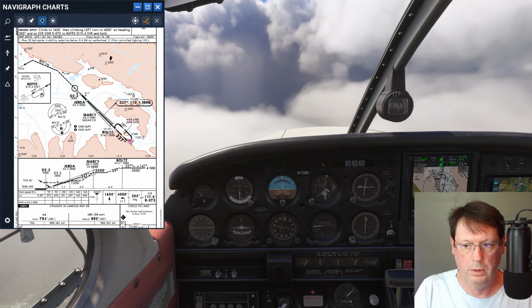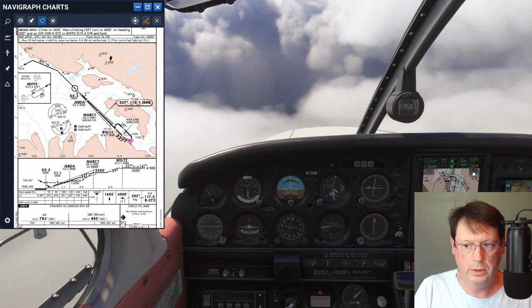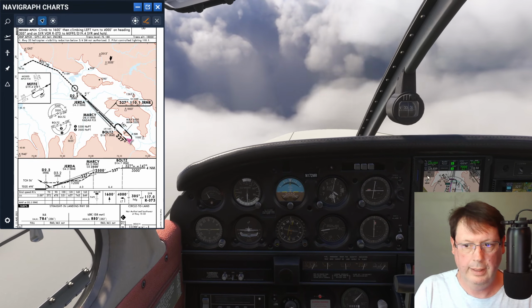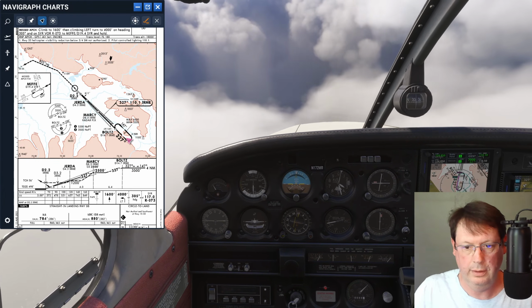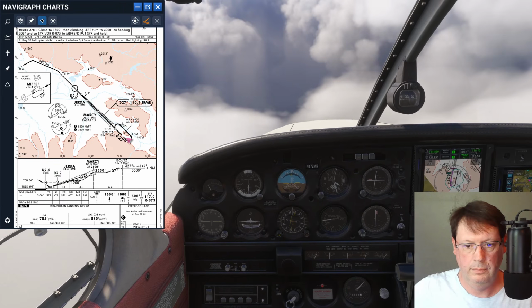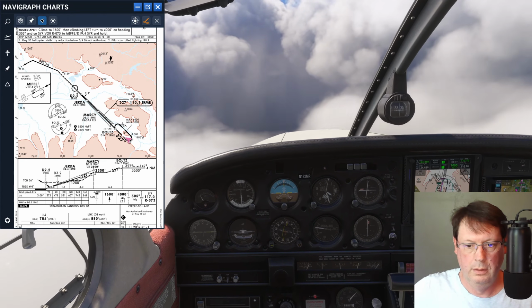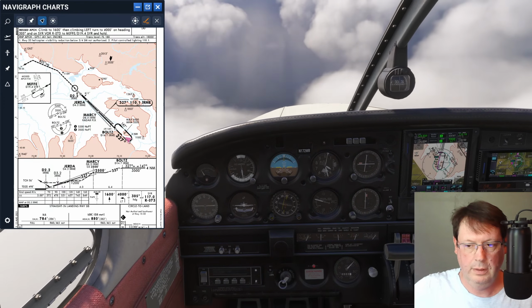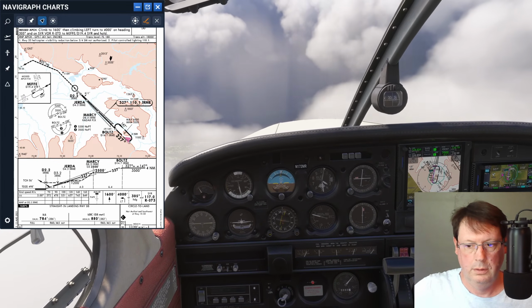And so what I need to do is my course needs to be left of what my desired track is in order to bring that needle in. And that's what I'm doing right now. That's what I'm talking about with glass panel. Just makes it so much easier to do all this stuff.